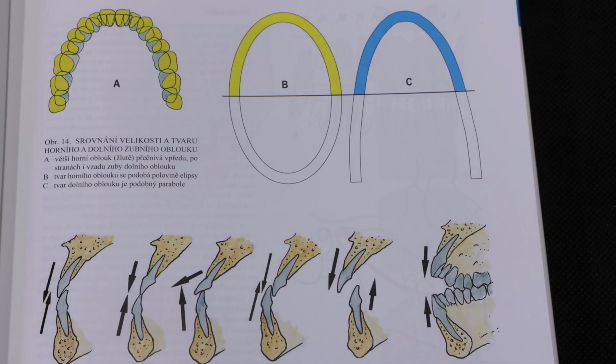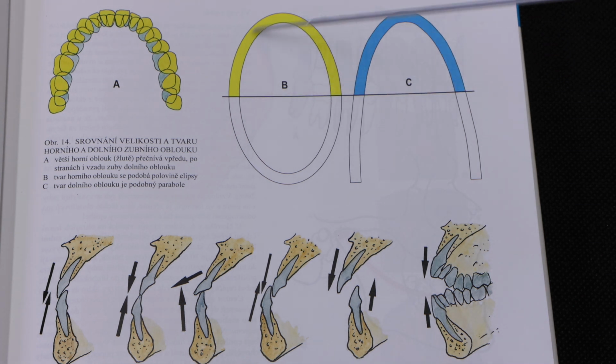Regarding the jaw, the upper dental arch looks like an ellipsoid shape, and the lower dental arch looks like a parabola. Another piece of information that you have to know is about the eruption of the teeth.